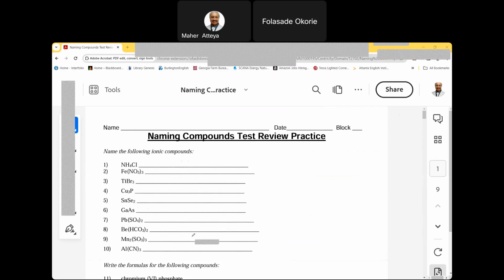Okay. So this is one charge, and the name of it is cyanide. Okay, that's one.